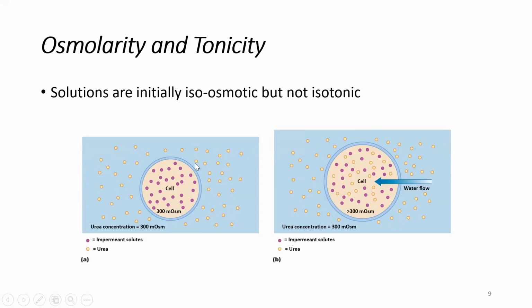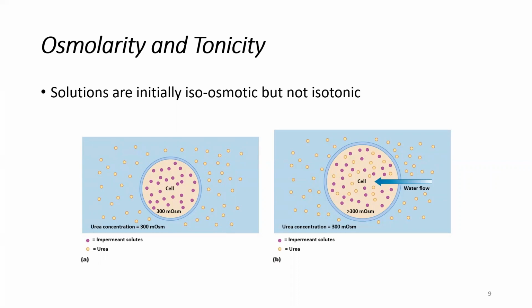So we're going to take into account solutes that can cross the membrane, as well as solutes that cannot cross the membrane. So in this first example, this is an isoosmotic solution because we've got 300 milliosmol inside the cell. We've also got 300 milliosmol outside the cell. Now, it so happens that these are different solutes dissolved in both of these solutions.